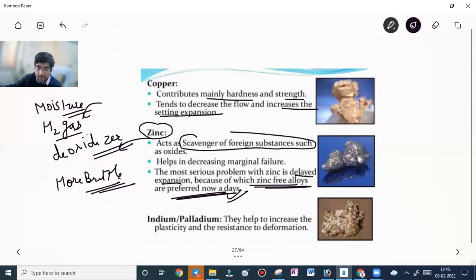Other important component is indium or palladium. What it does is increase the plasticity and resistance to deformation. So remember, the indium, when added to mercury, reduces the mercury vapors and improves the wetting.